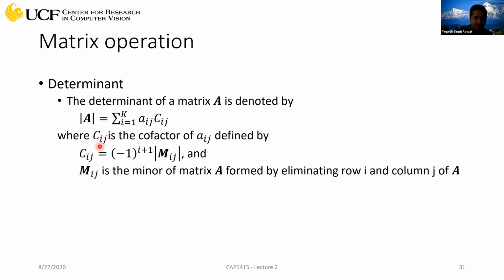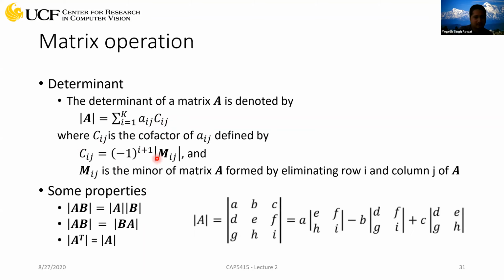All right, so this is a 3 cross 3 matrix. If we have to find the determinant, we will multiply A with this particular matrix. This is called the cofactor of A.